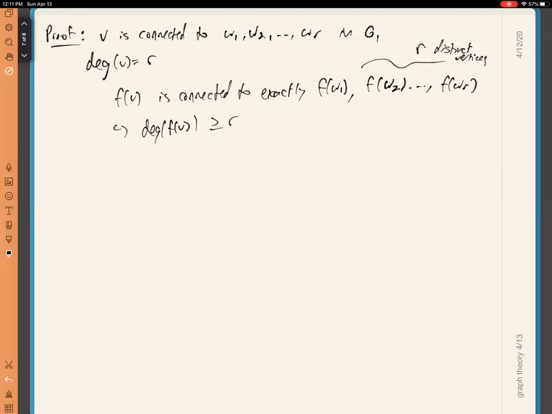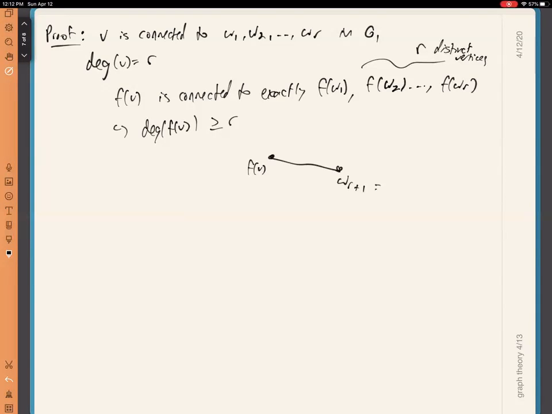Well, how do you know that the degree of f of V is less than or equal to R, or is exactly equal to R? Well, if there happened to be an additional vertex that f of V was connected to, right? So let's say this is f of V, and let's say there was some WR plus 1, some other vertex.